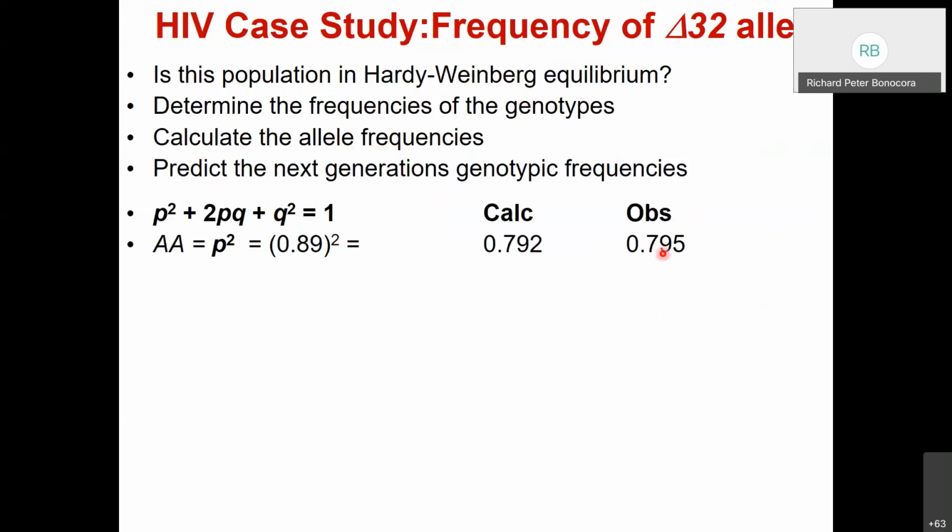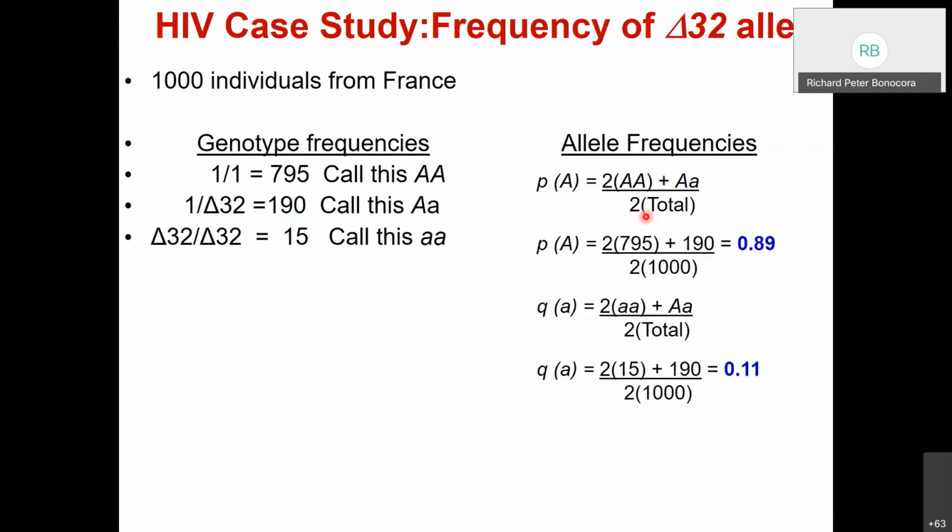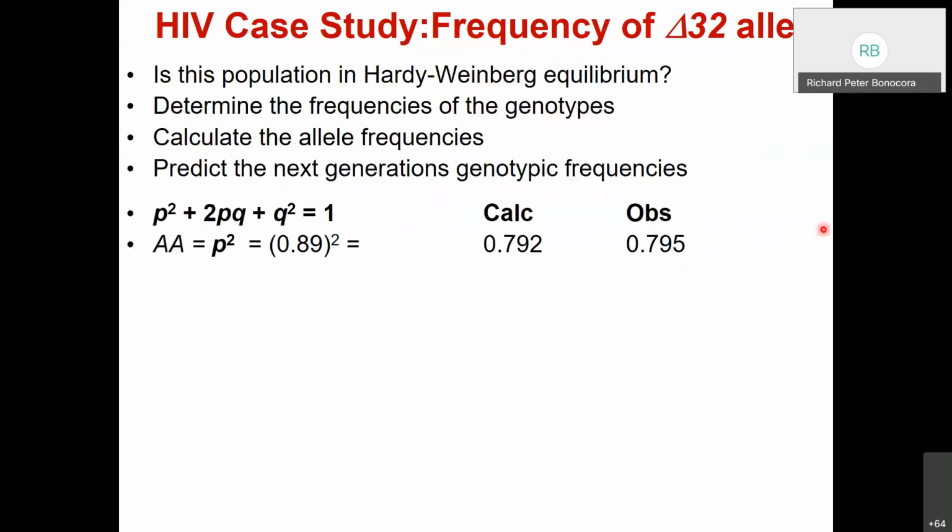All right, so I should back up for a second. These are the frequencies that are observed. This is what's happening in real life. So these come from the previous page, and the calculated ones are the ones that are calculated using the components in the Hardy-Weinberg equation.